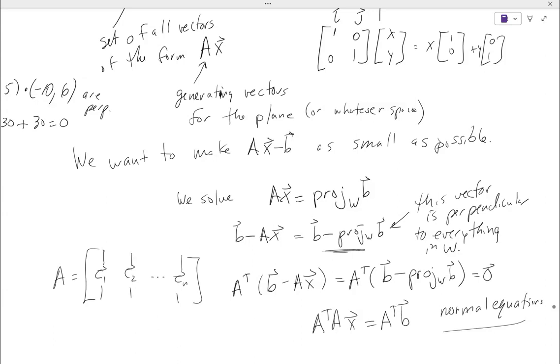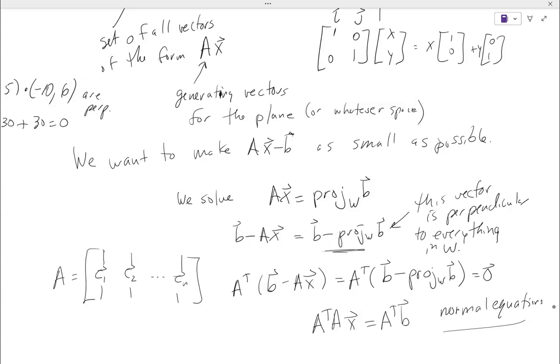To be able to solve for x here, it would be nice to be able to, well, if you think about it from an algebra perspective, with just algebraic equations, you'd like to be able to divide. We don't divide by matrices. What do you do instead? Multiply by the inverse, right? It'd be nice to have this be invertible, so that I can take the inverse and multiply it on both sides and get the least squares solution.